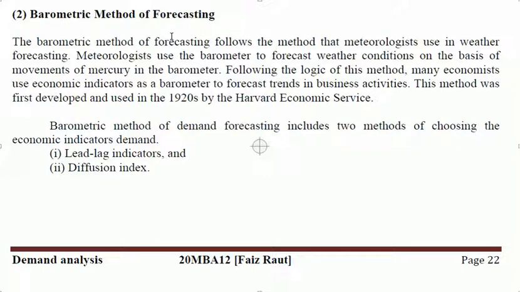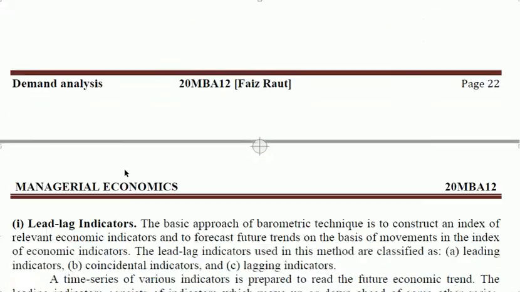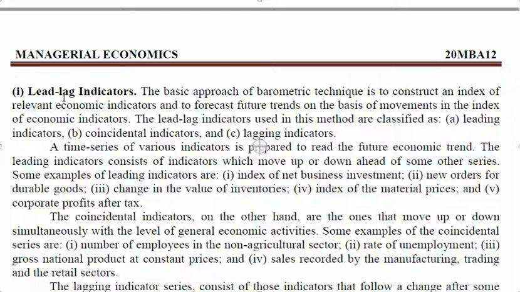So there are indicators which will indicate how the weather will be. Similarly there are two indicators here, lead lag indicators and the diffusion index. These indicators will indicate what the demand of the product will be.